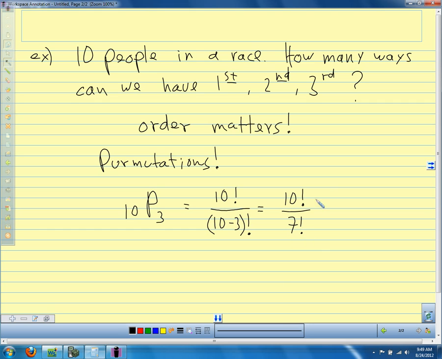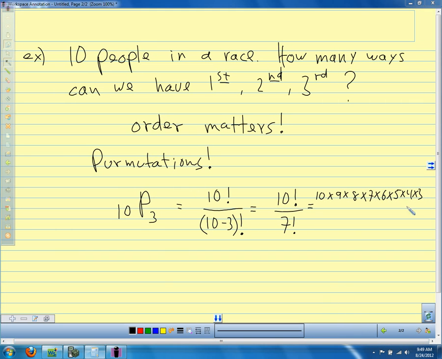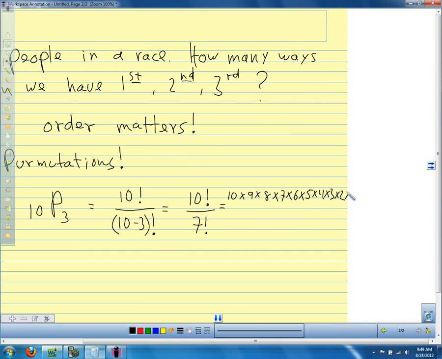If I write this out the longhand way, 10 times 9 times 8, times 7, times 6, times 5, times 4, times 3, times 2, times 1, it's a lot of writing, divided by 7 times 6 times 5, times 4, times 3, times 2, times 1.